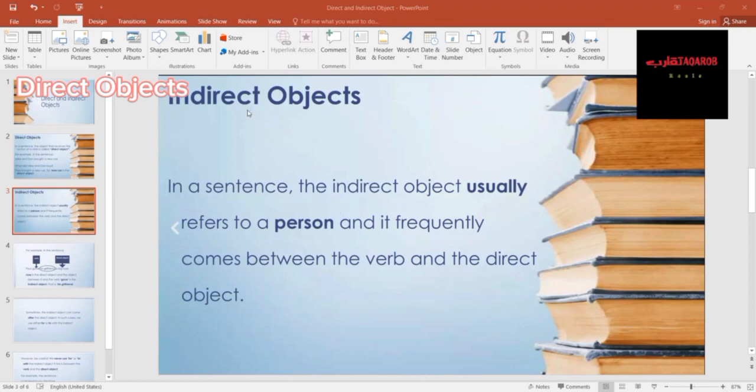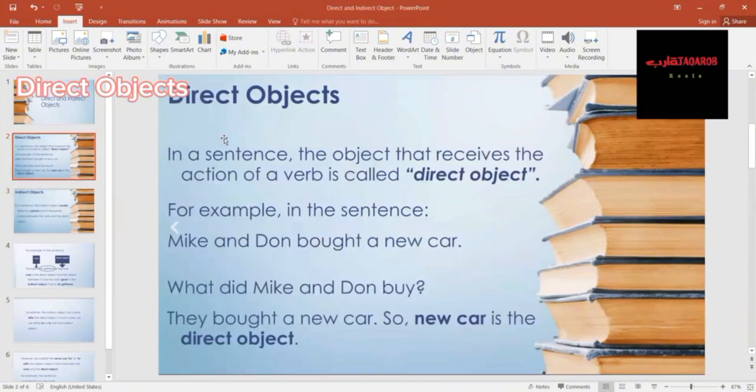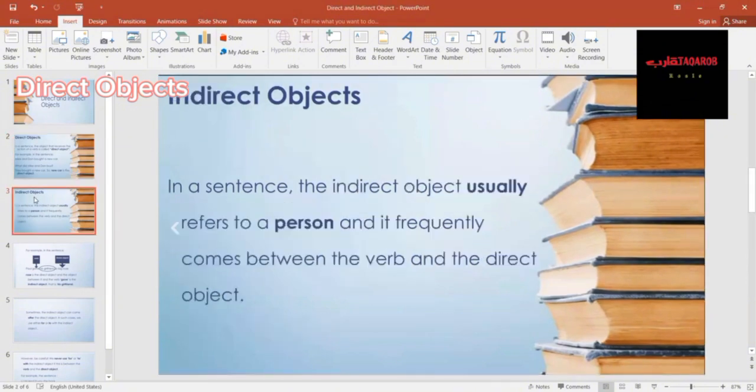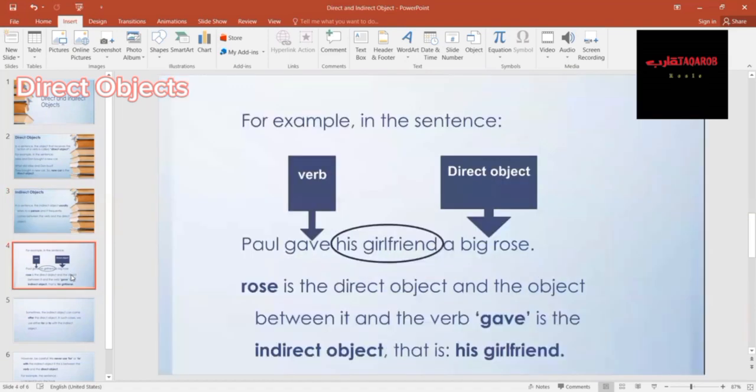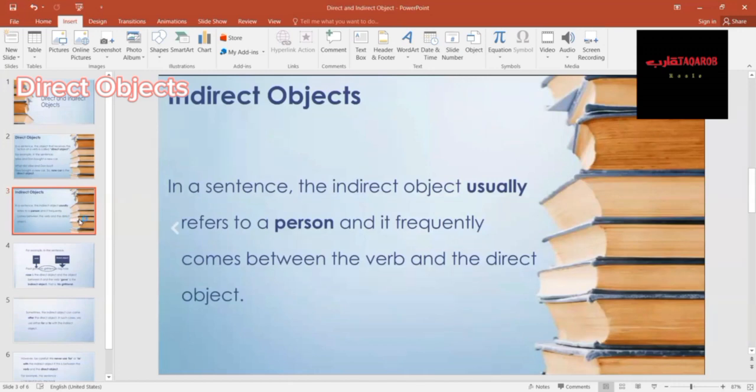So guys, notice that when we have an indirect object, we must have a direct object. It's okay to have one direct object, but we can't have an indirect object without a direct object. So to identify the indirect object, we can simply ask to whom or to what.